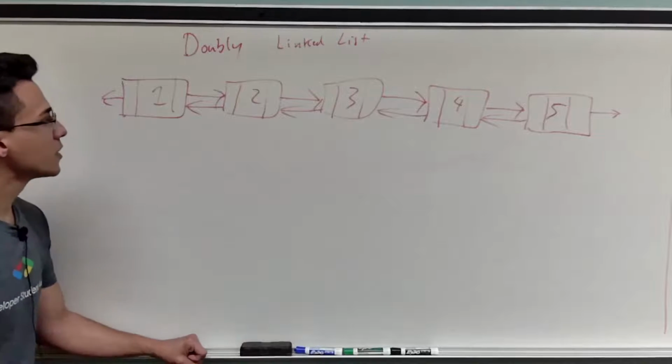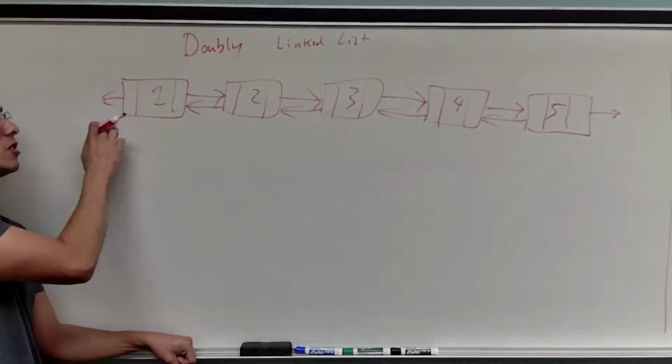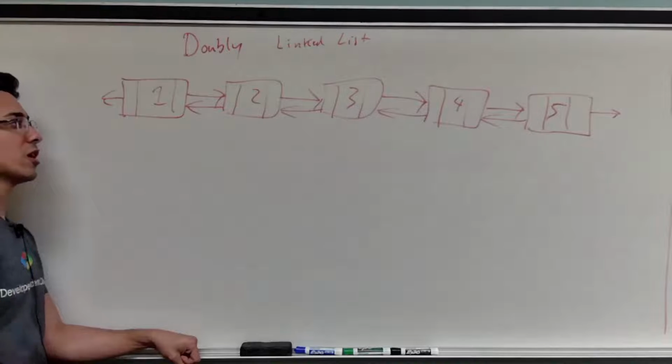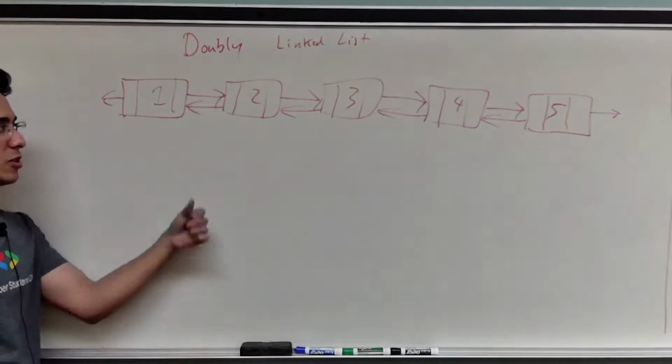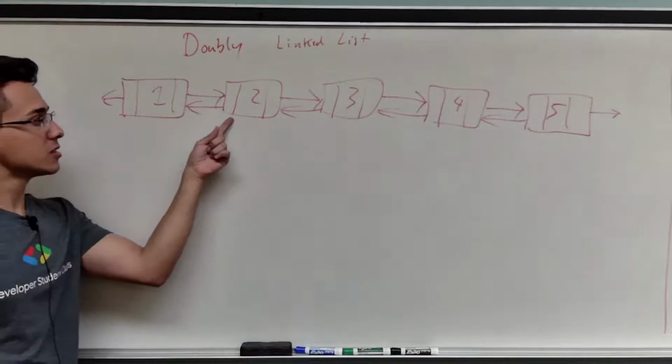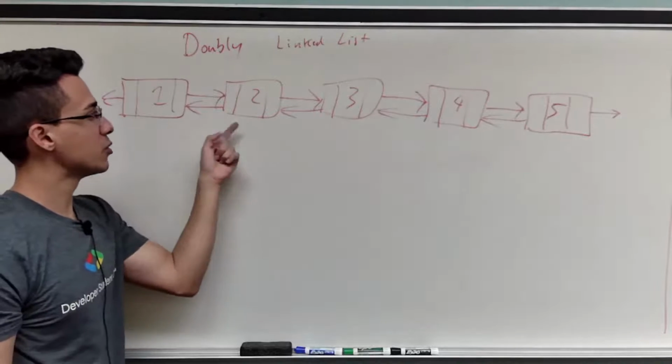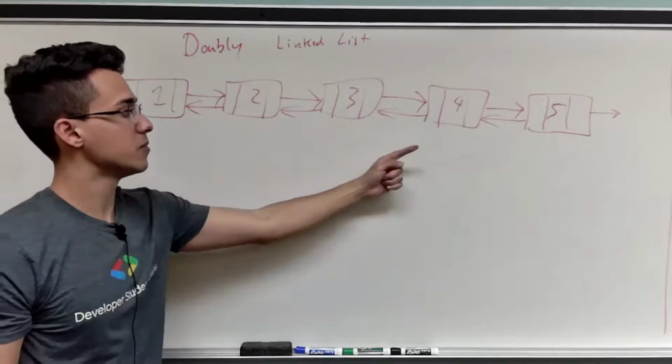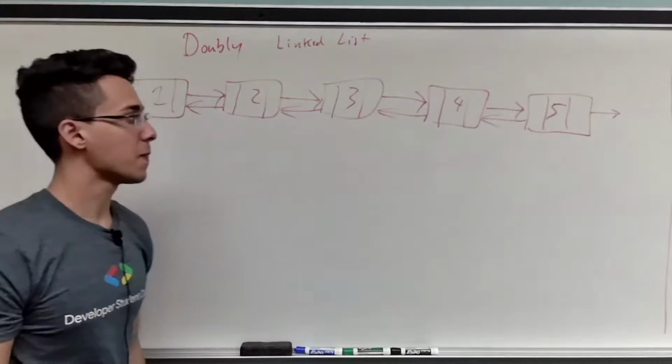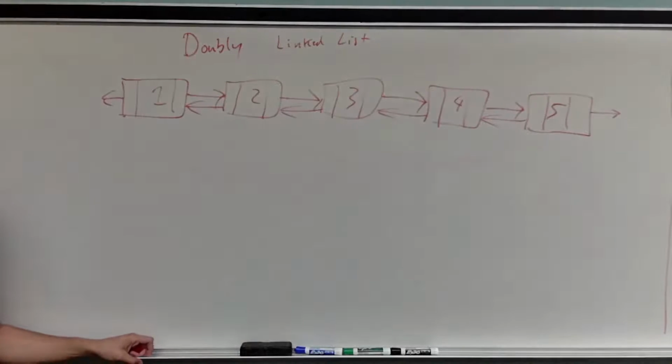Each node has a previous and a next node, and those point to node objects of the same type. That's pretty much it for that.